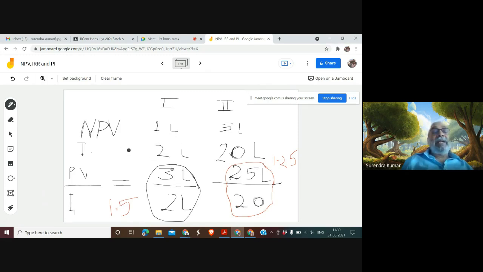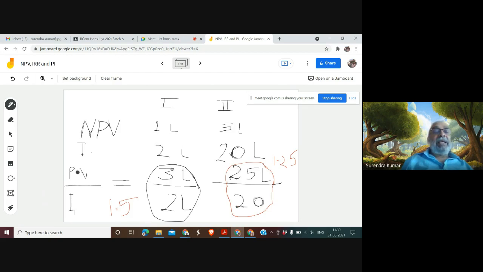Since we calculate net present value as present value minus investment, we can calculate it back as present value equal to investment plus net present value. So in case of project 1, it comes out to be 3 lakhs, and in case of project 2, it comes out to be 25 lakhs.